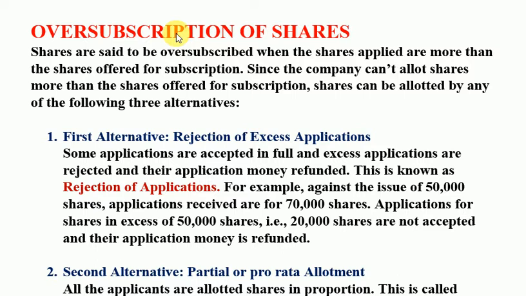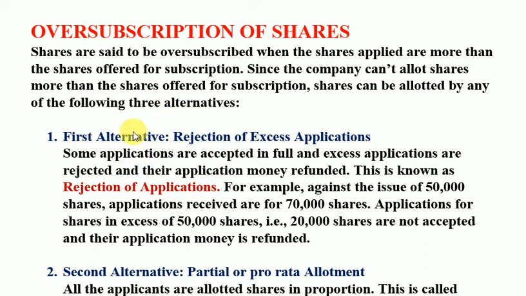According to companies law, no company can allot even a single share more than what it has issued to the public for subscription. So we need to adjust those oversubscribed shares, and to adjust these there are three alternatives.